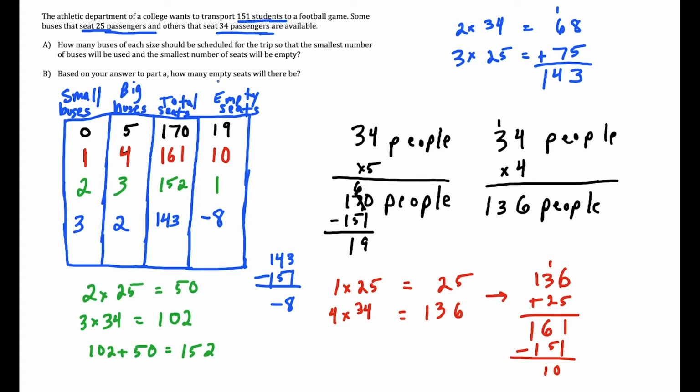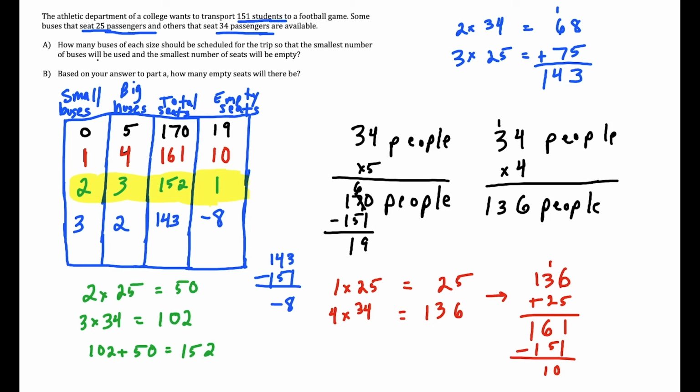So now we have enough information to answer this question. If we go ahead and write out our solutions, this is the best option here, this middle row. So now when it comes time to answer this question, we just have to record what we have in the table.